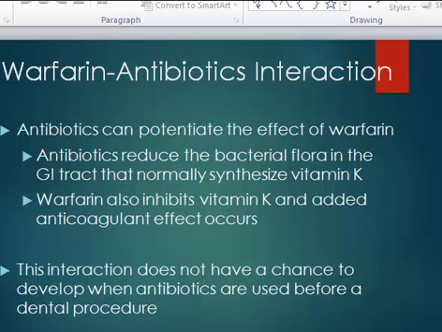This interaction isn't about one dose of antibiotics that the person is taking for a dental appointment. This would be taking antibiotics for a couple of weeks. So we don't have to be so concerned if it's just for that one day.